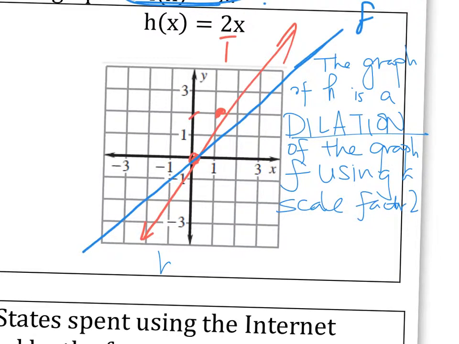What if this function is h of x equal to negative 2x? Then your graph will look like this.